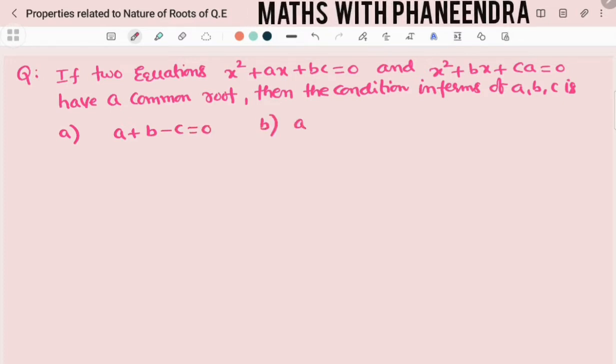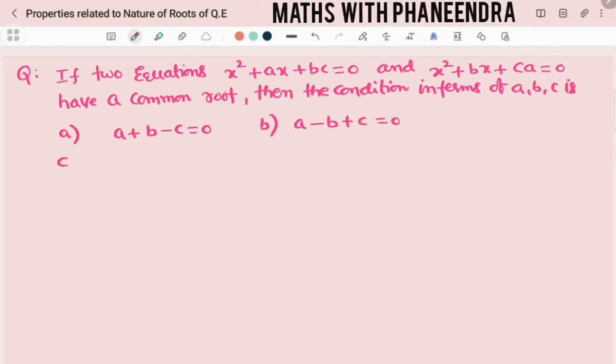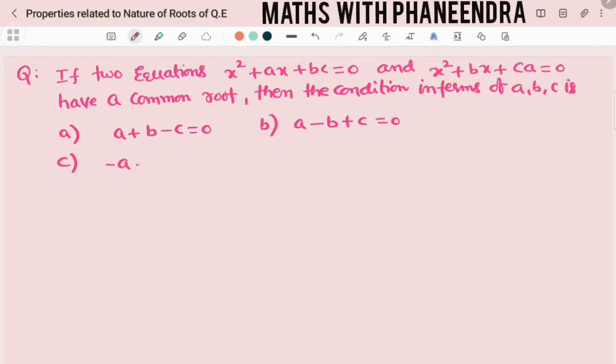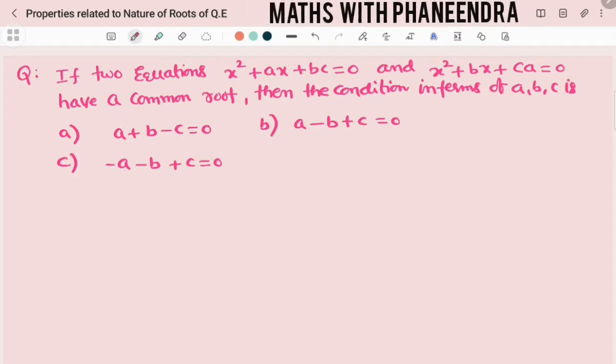Second option, A minus B plus C equal to 0. Third option, minus A minus B plus C equal to 0. Fourth, A plus B plus C equal to 0.